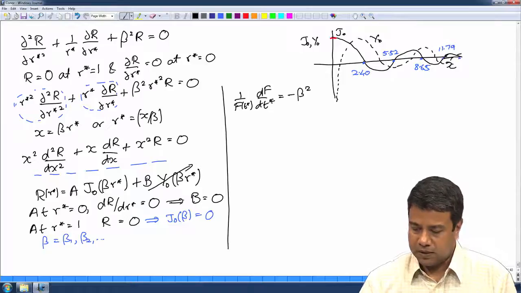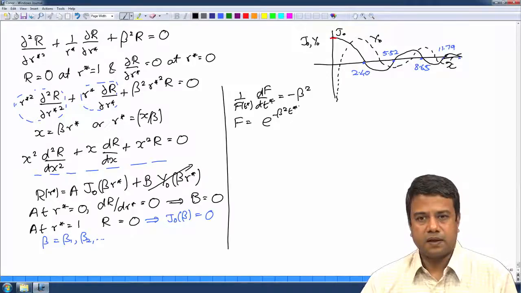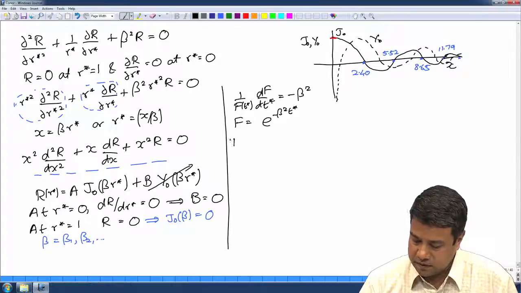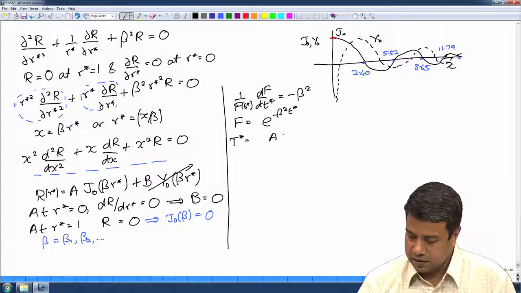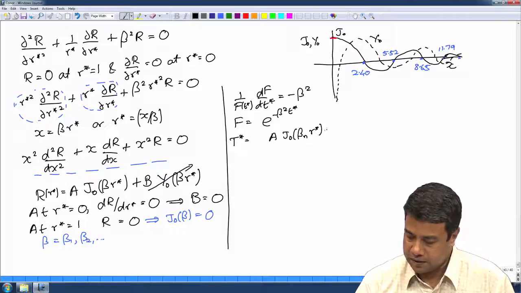That would imply that f is equal to e power minus beta square t star. Once again exponential. Therefore, the solution for the temperature becomes A, J naught of beta n R star, e power minus beta n square t star.